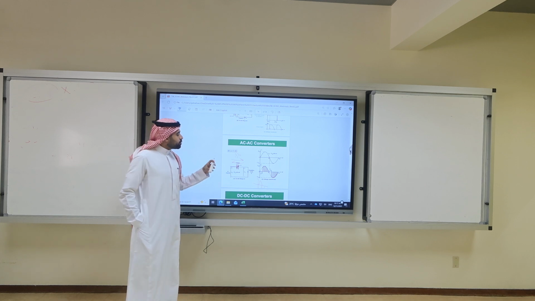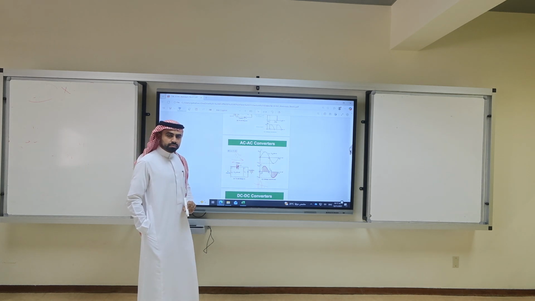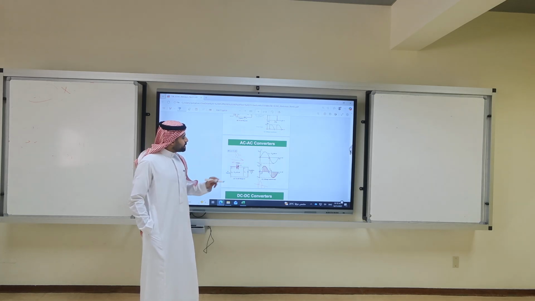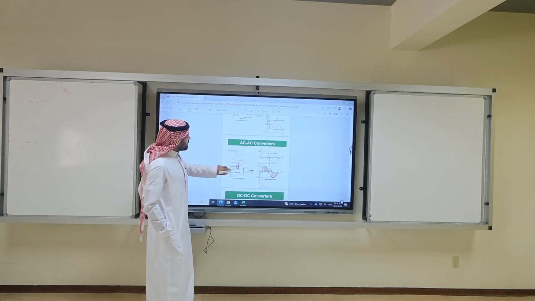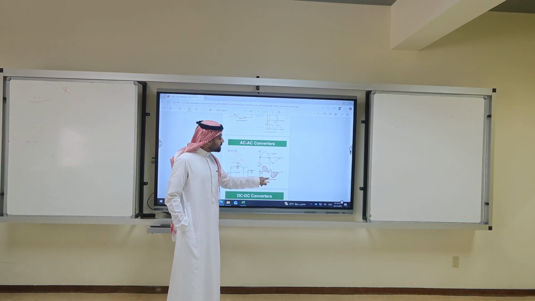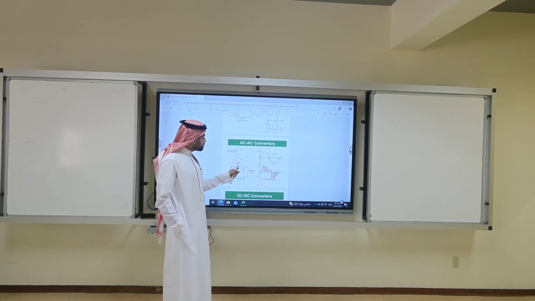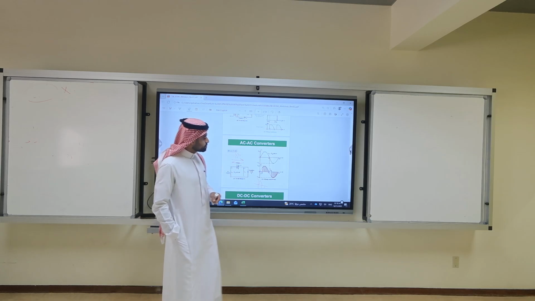However, it allows the current to flow in two directions. It means if I apply a positive gate, the upper diode will conduct, so for the positive cycle, once I send the pulse, it will be passed through.